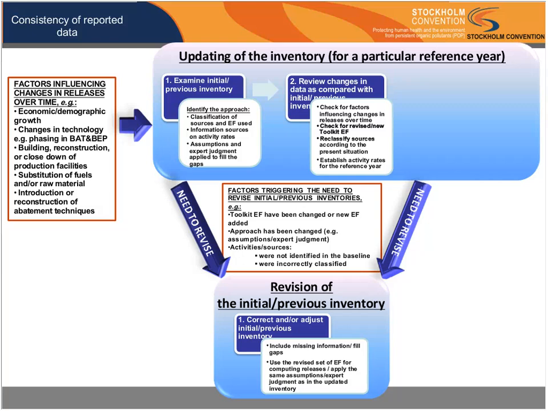The revision of the previous inventories aims to correct the estimates therein by including the missing information, filling the gaps, using the same set of emission factors and applying the same emission assumptions and expert judgments as in the updated inventory.